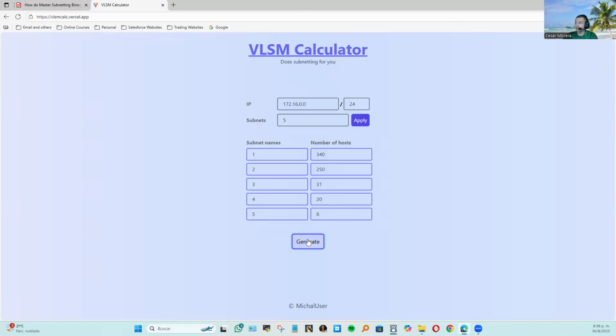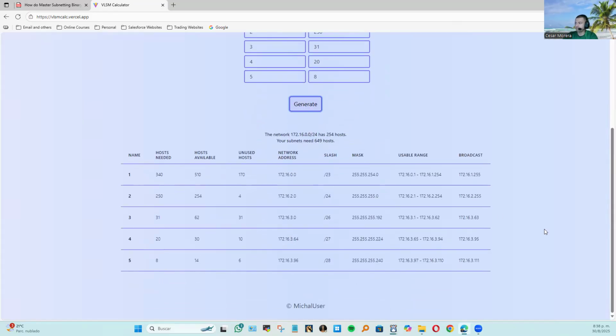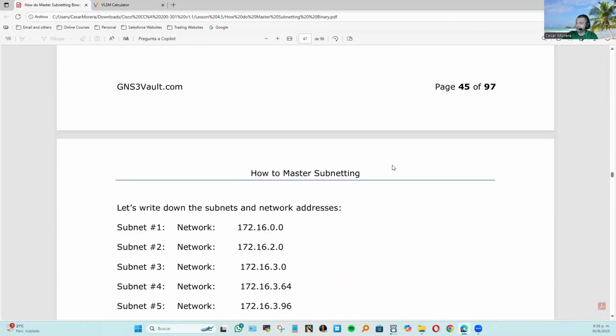We have an 8. Let's just generate, and there you go. It's not that difficult, but you see the slash 23 is actually the one that we were using. Then we have 24, 26, 27, and 28.